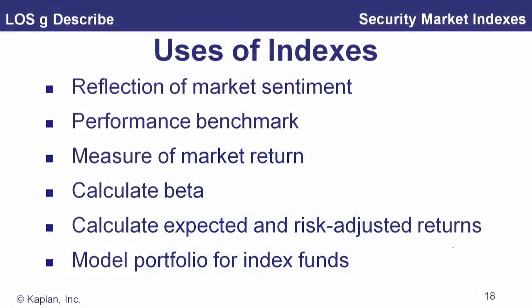We can use that estimate of expected returns and say, well, what did it return compared to what we would expect the return to be, given the returns on the overall market and the beta, the market sensitivity of this stock. And also, it's the model portfolio for index funds, the largest of which being the S&P 500 index funds.